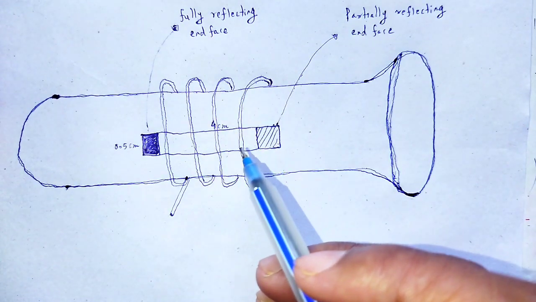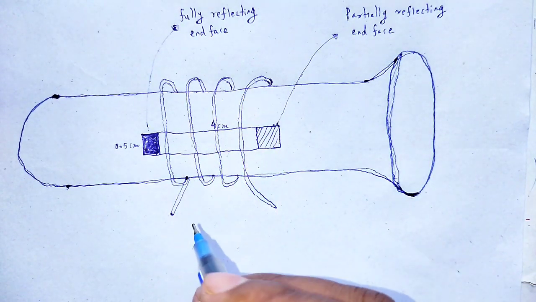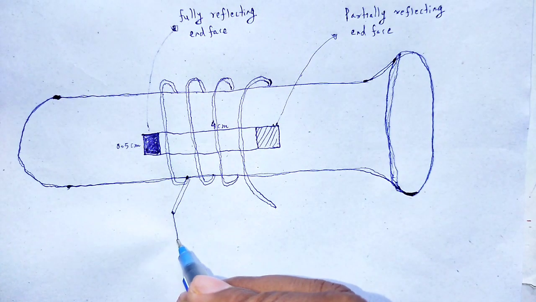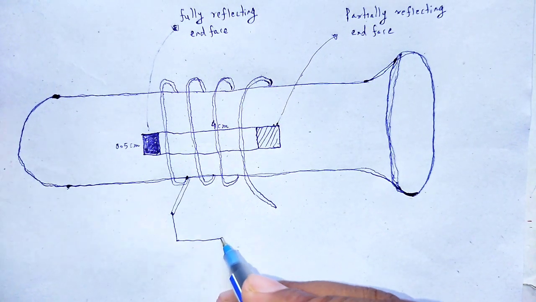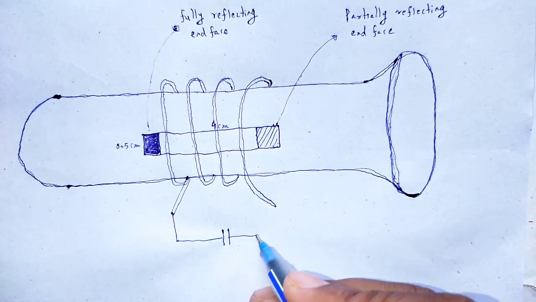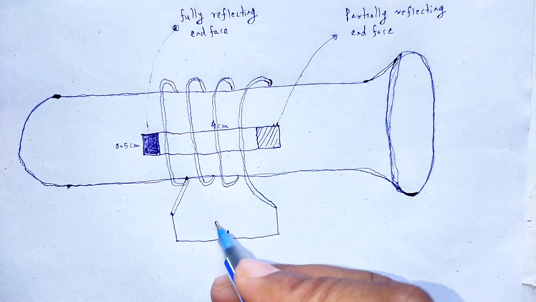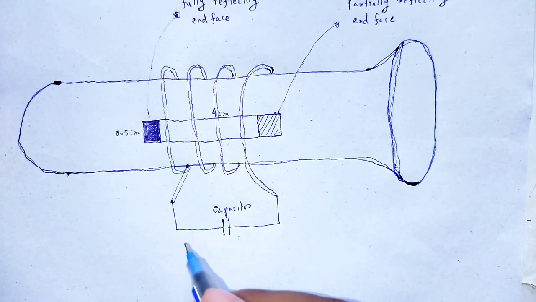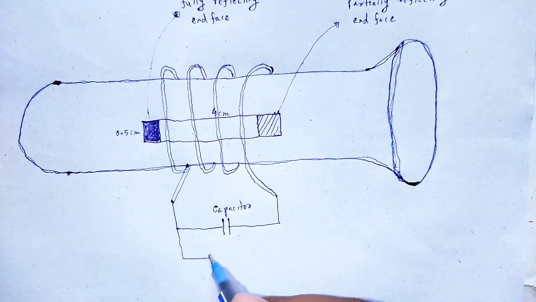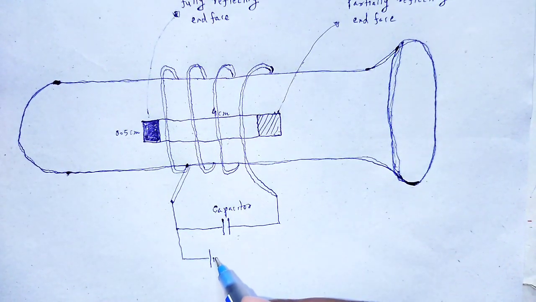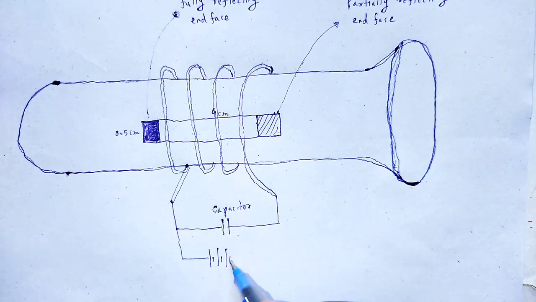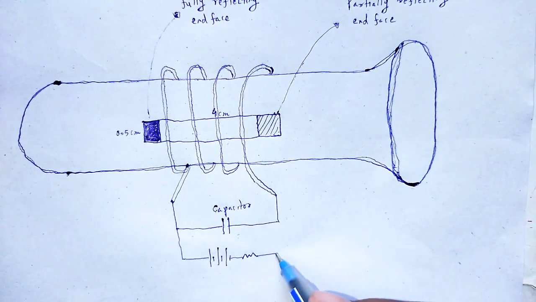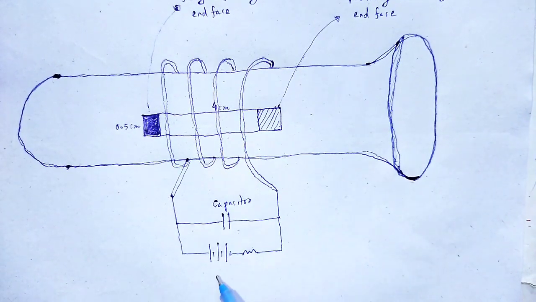With the xenon flash tube, we use the power supply with a capacitor in order to charge and discharge, that is supplied by a power supply unit by taking the battery, resistor, power supply.